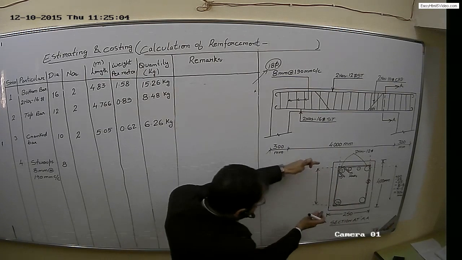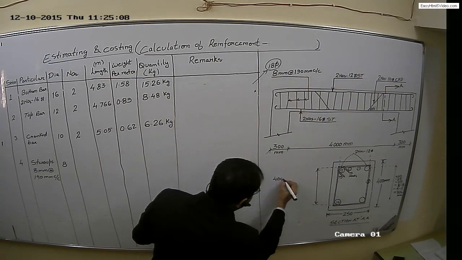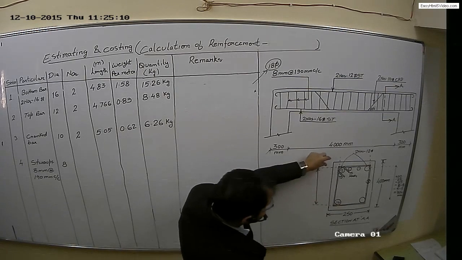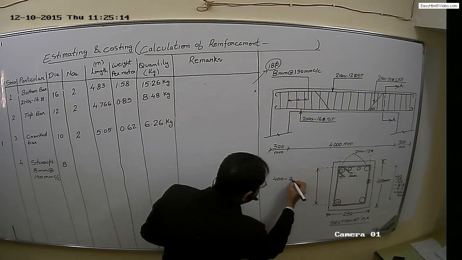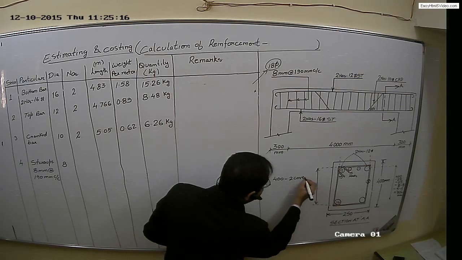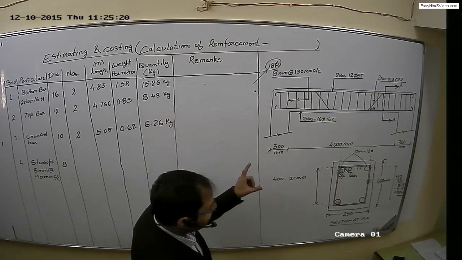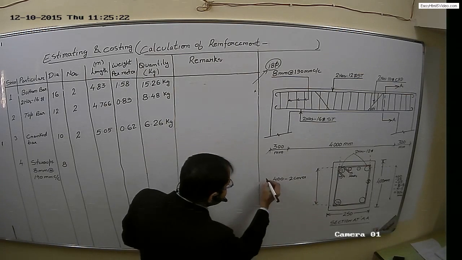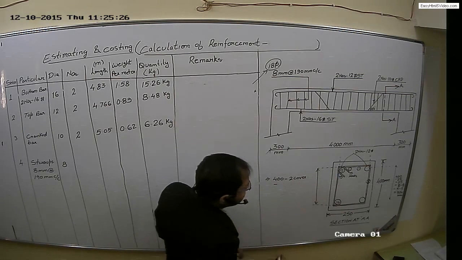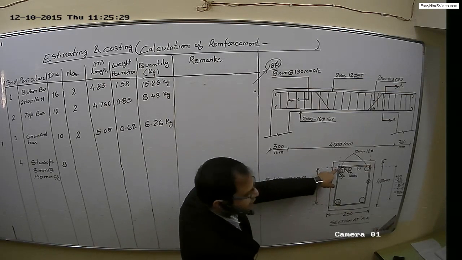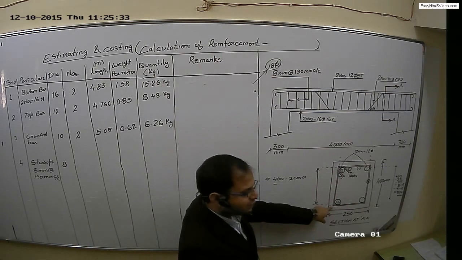Now the total depth of the beam is 400. Just write here 400 minus 2 covers, the top cover and bottom cover. For beam we take cover as 25 mm. So 400 minus 2 covers, then minus half of the dia of stirrup, which is 4 mm, and half of the dia of stirrup, which is 4 mm.